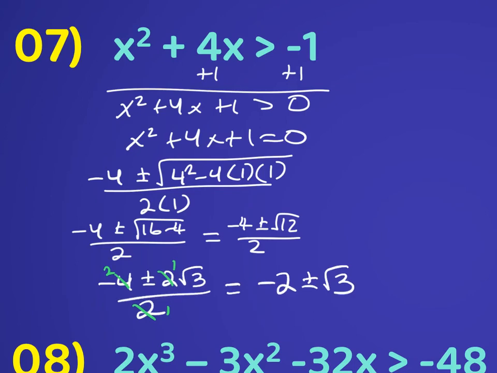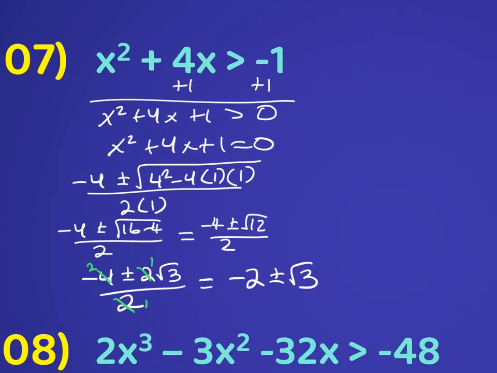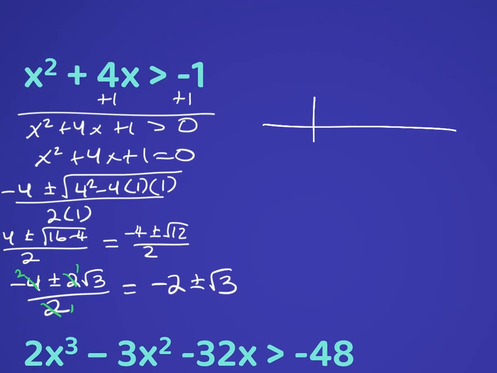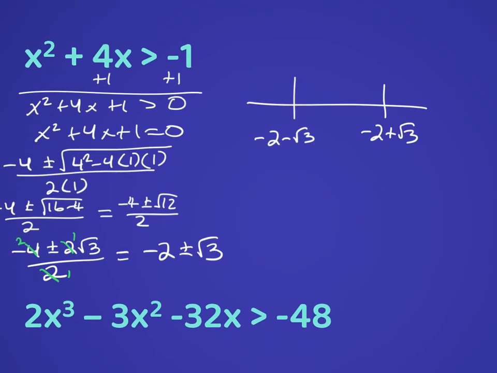Now I have to add these to my number line. So this one's going to be negative 2 minus root 3. This will be negative 2 plus square root 3. Now, we would give this problem in class with no calculator, so you would have to approximate this. I'm not sure if we're going to allow calculators or not, but again, the square root of 3 is approximately 1.7.